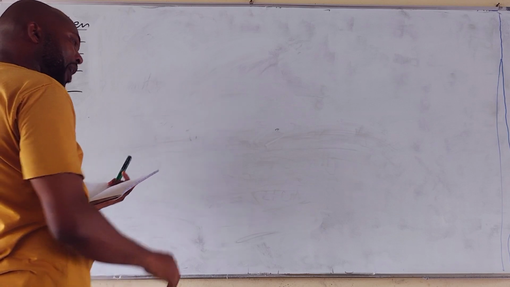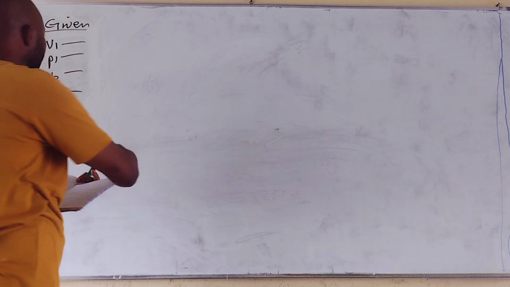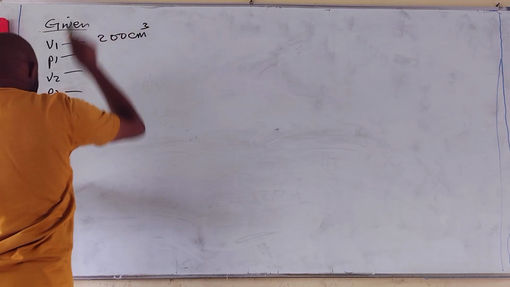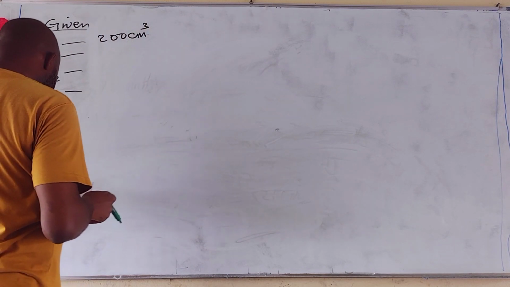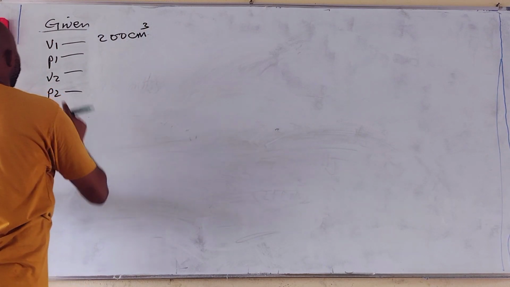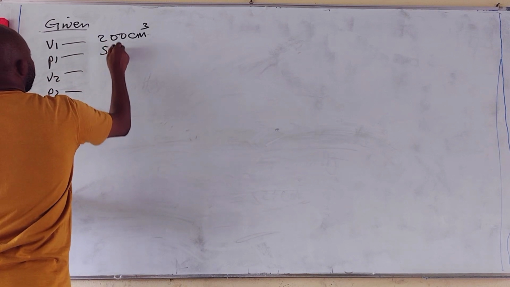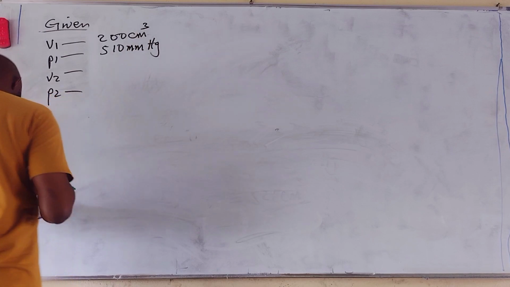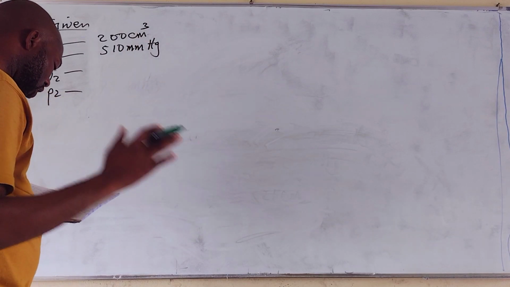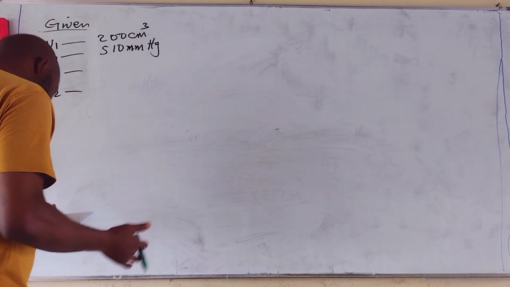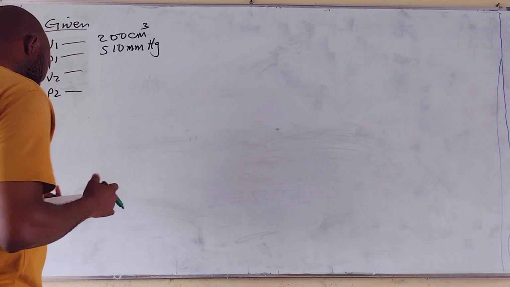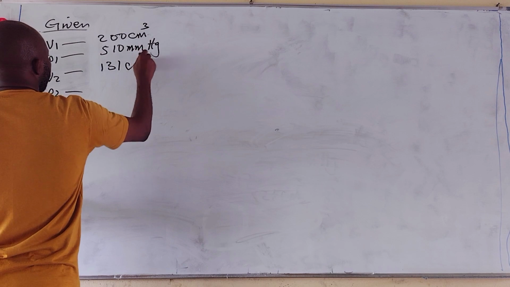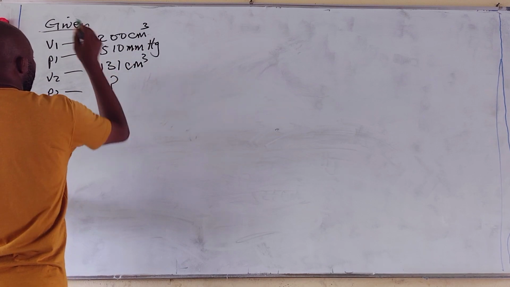A gas occupies 200 cm cube at 510 millimeter of mercury. If temperature remains constant, what will its pressure be when the volume is increased to 131 cm cube? What will its pressure be?